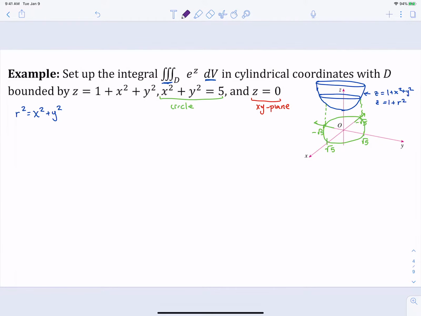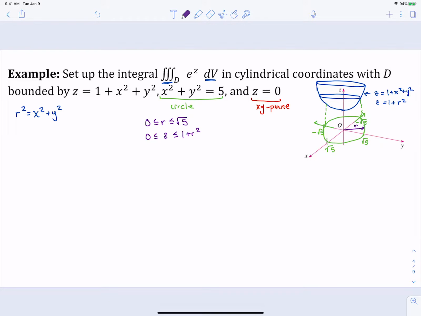So let's think about what our restrictions are going to be on our polar coordinates here. So that r, that distance from the origin, r is going to vary from 0 to square root of 5, and z is going to go from 0 to 1 plus r squared.